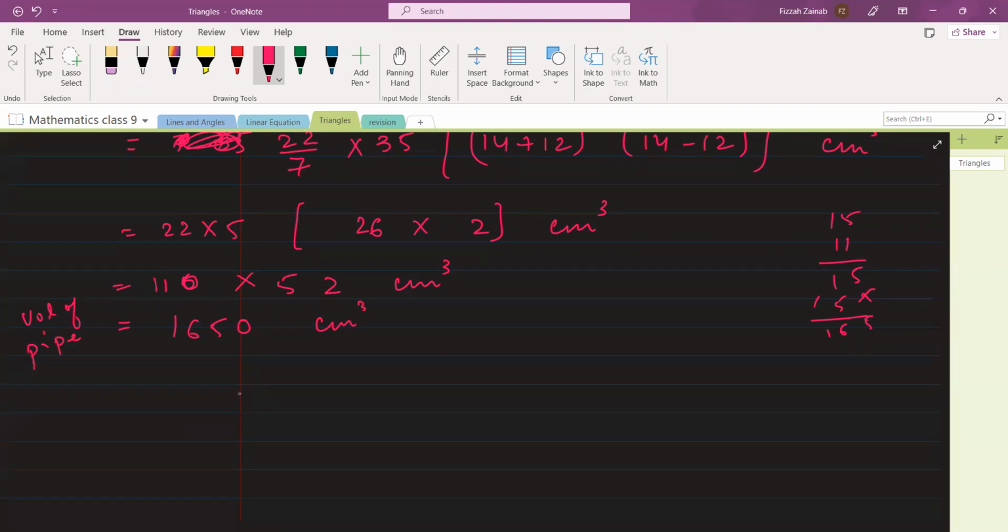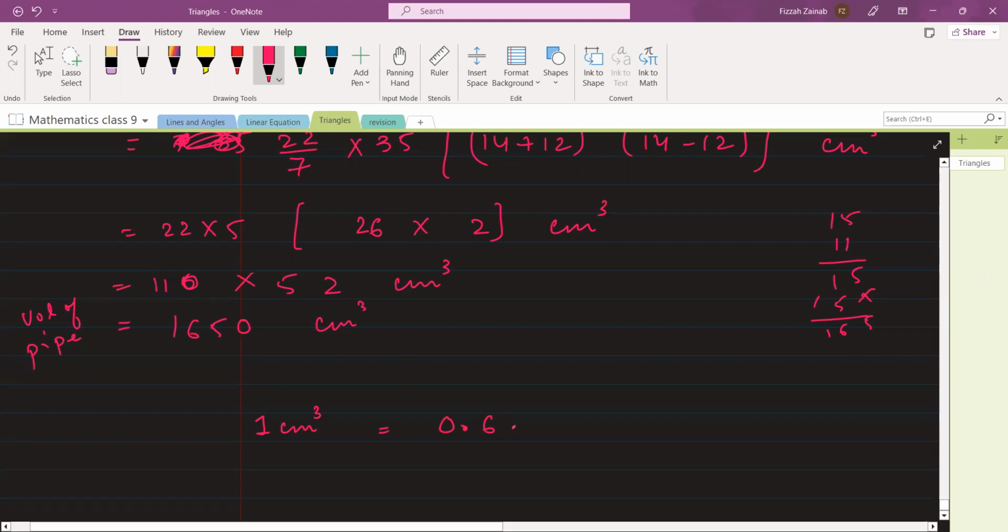Now it is given in the question that 1 centimeter cube is equal to 0.6 grams, right?